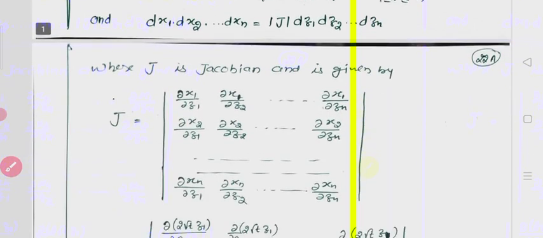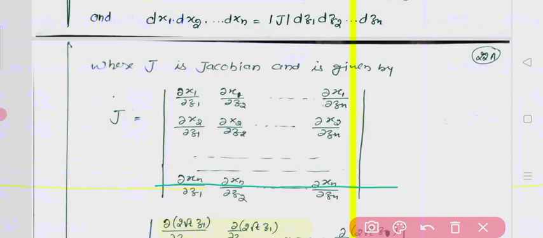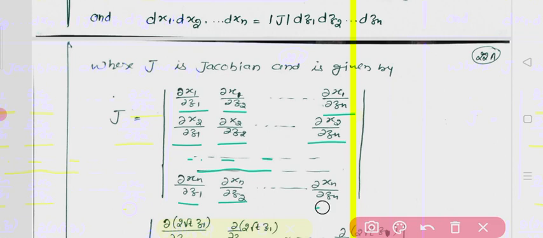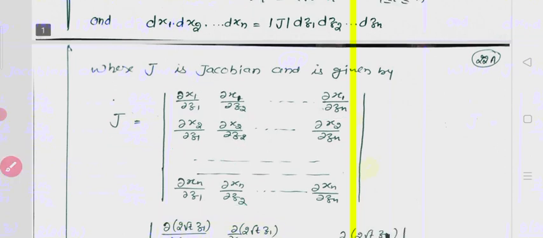So the Jacobian is given by: in the first row, the partial derivatives of x1 with respect to z1, z2, up to zn; in the second row, the partial derivatives of x2 with respect to z1, z2, up to zn; and so on. In the last row, the partial derivatives of xn with respect to z1, z2, up to zn, and its determinant. This is the Jacobian. So what is x1?